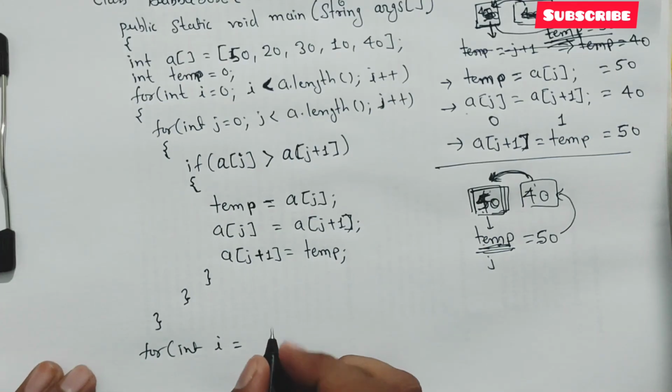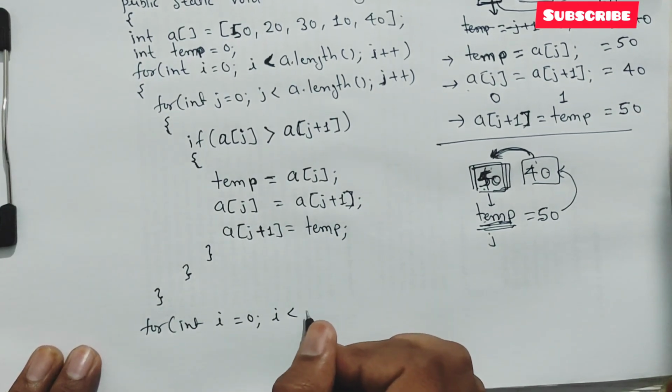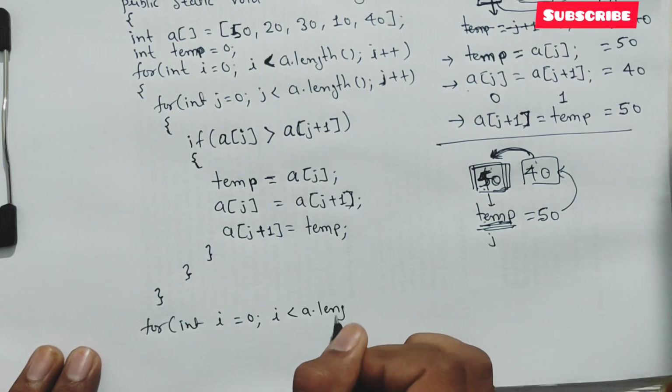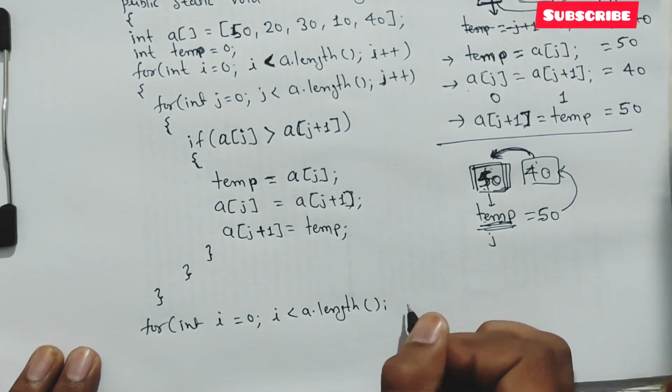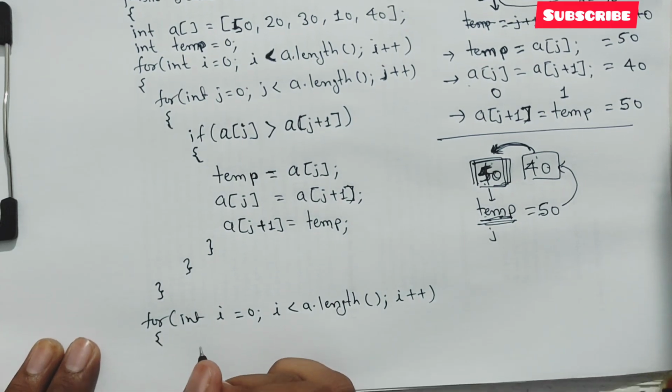In the last step, what I can do is: int i equals 0, i is less than a dot length, i plus plus. What I am doing here is just printing the sorted elements.